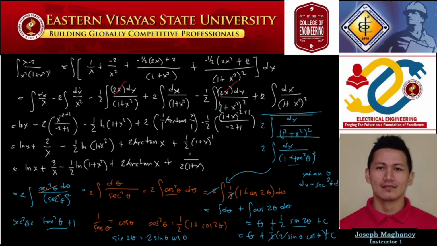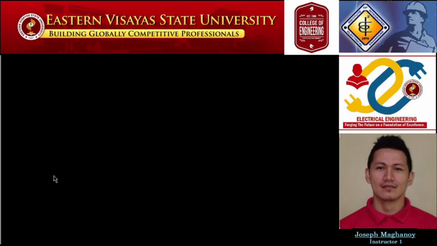Okay, so finally, we can rewrite our answer, starting from our term 1. That is ln x plus 2 over x minus 1/2 ln of 1 plus x squared plus 2 arctan x plus 1 over 2 times 1 plus x squared.